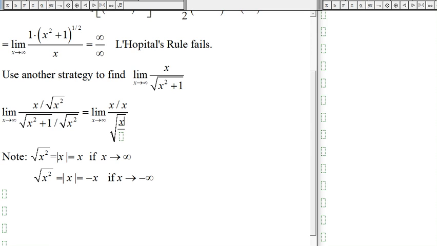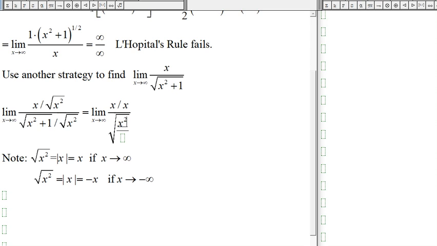It becomes x squared plus 1 divided by x squared. So the numerator is just 1, x divided by x is 1. And then for this part, x squared divided by x squared is 1, plus 1 over x squared.